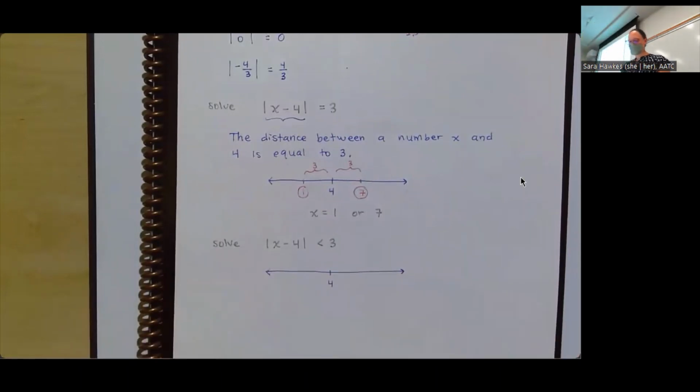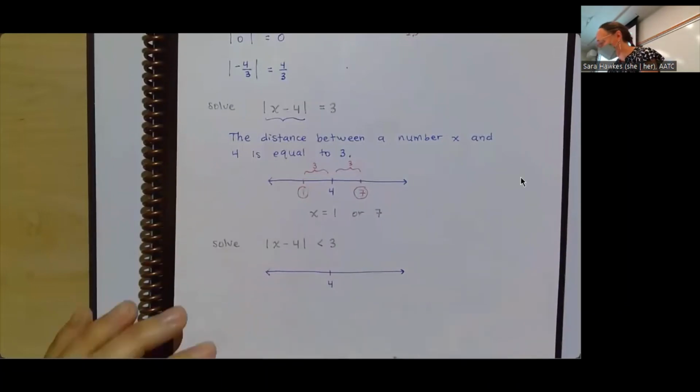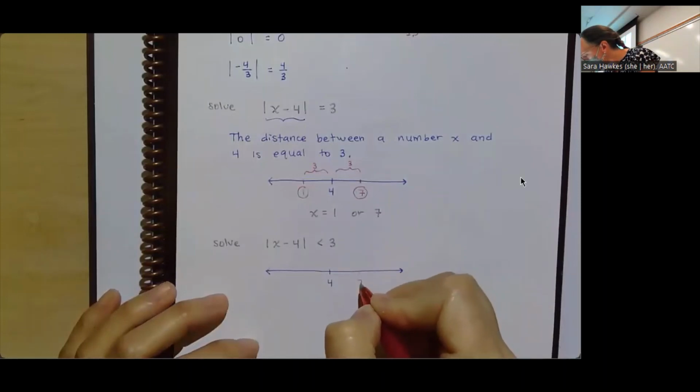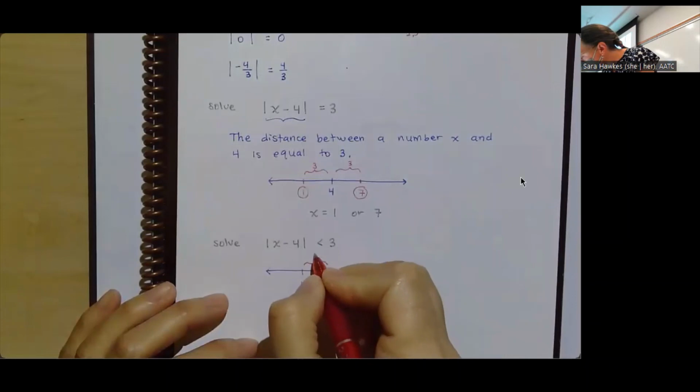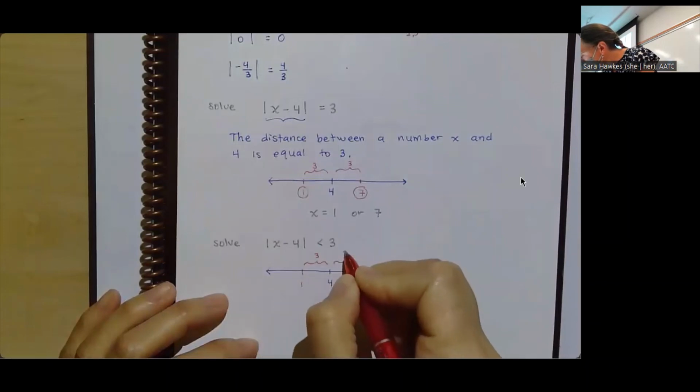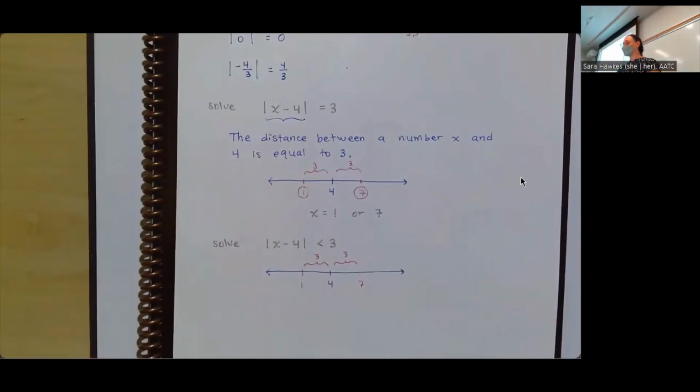Here's 4. And this is saying that the distance between x and 4 is something less than 3. And if I go out 3 in each direction again, I'm closer to 4 than being 3 away.